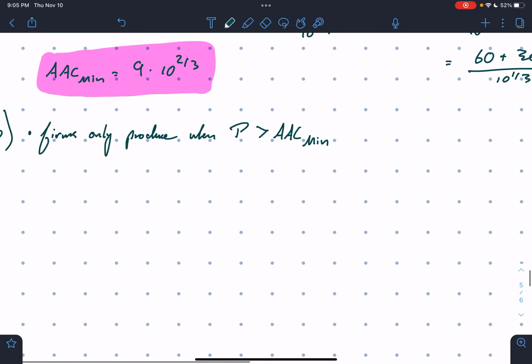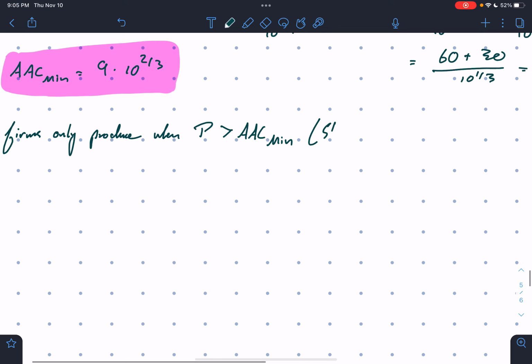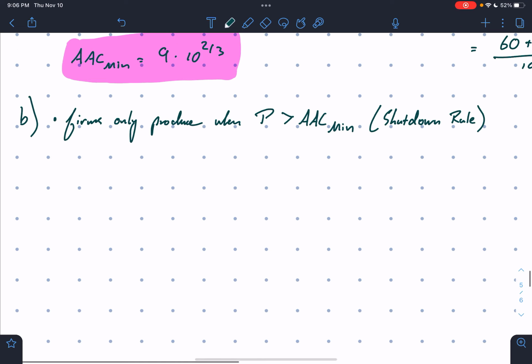This is a sufficient and necessary condition for the firms to want to produce. So this is the shutdown condition. This is another way of expressing the shutdown condition, or the shutdown rule. All right, so this is the first thing that we need for firms to be supplying something.